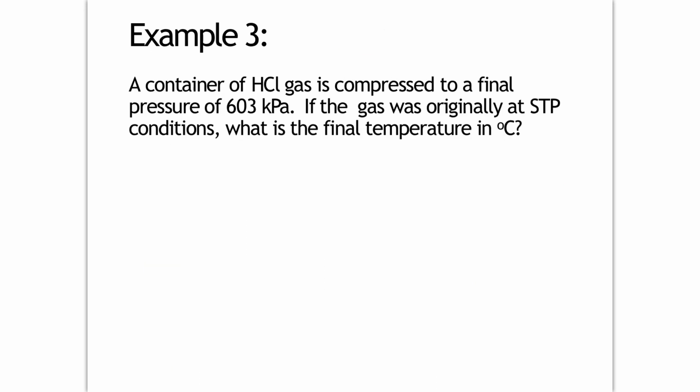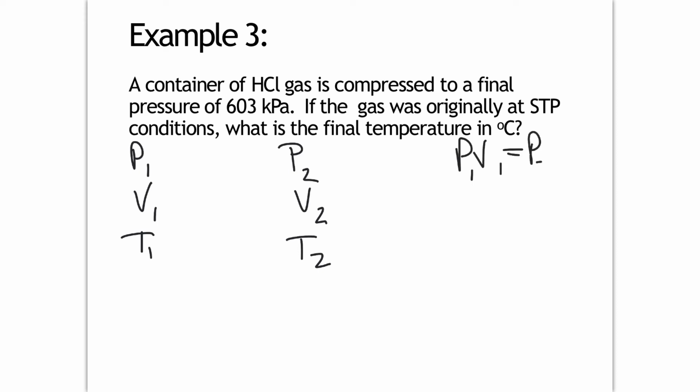Okay, example 3 has a couple of things in it that I want to show you. The first thing, again, all we do is just go down the list: P1, V1, T1, P2, V2, T2. Put our equation over here: P1 V1 over T1 equals P2 V2 over T2.